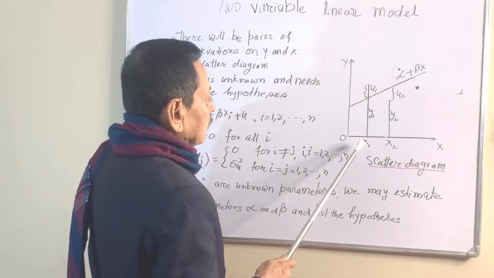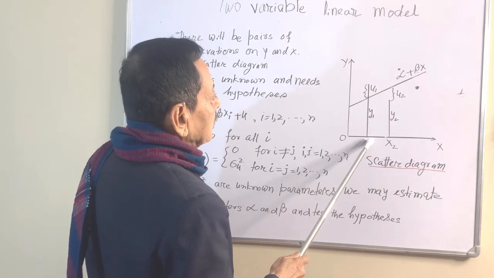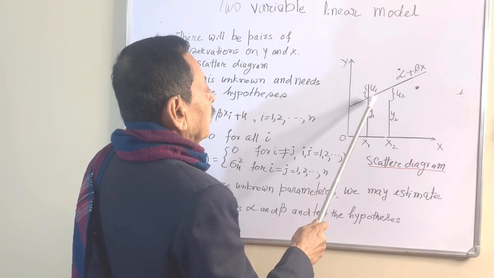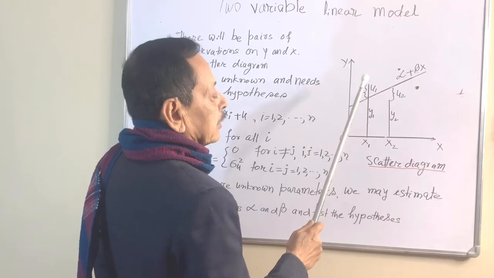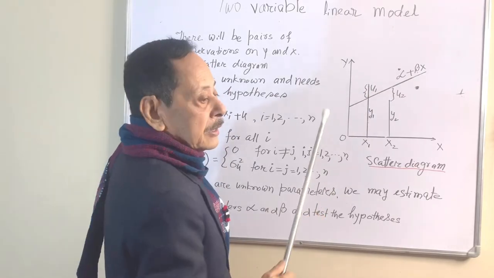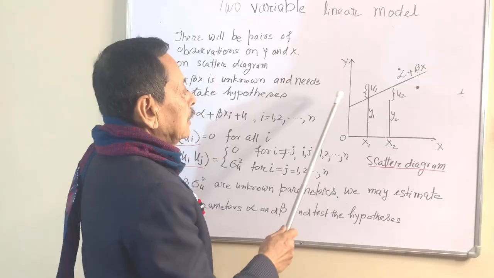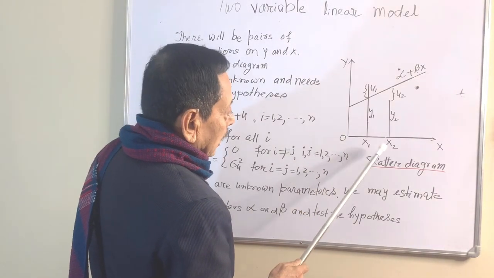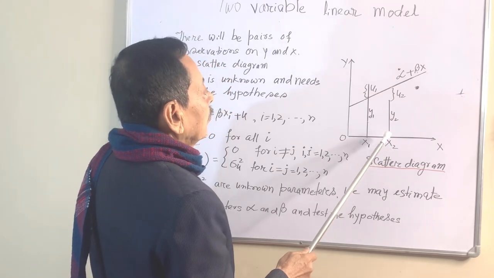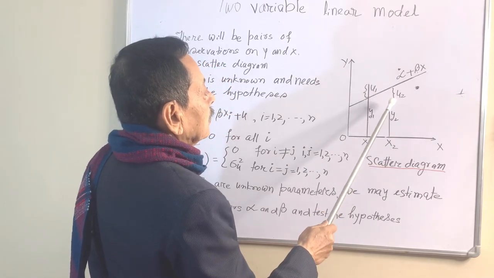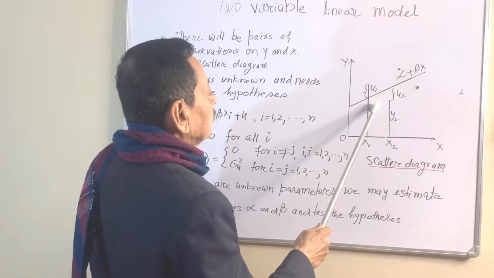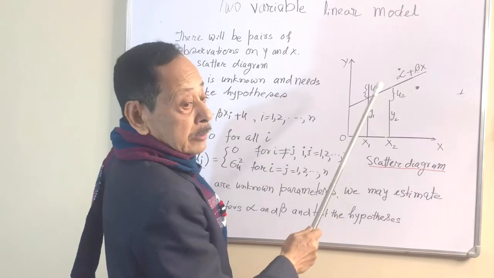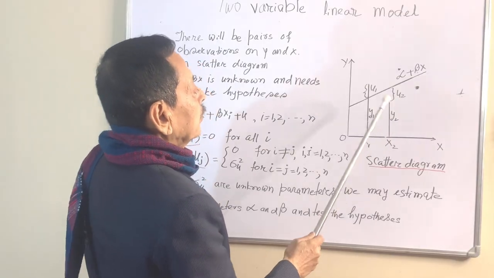So when x1 is this much, y is higher. Actually it should fall here, so u1 is an error. It did not fall, so u1 is an error. Similarly, when we put x2, y should be here, but y is this much. So this is the error, this is y2, and so on.